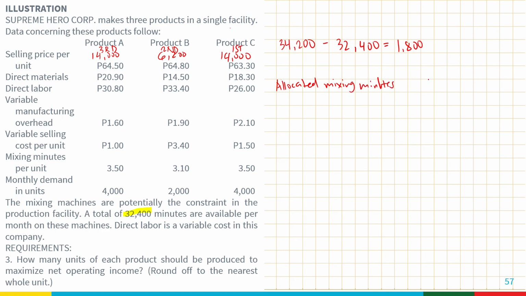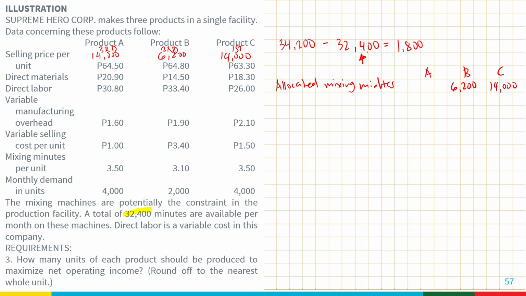Ayan, medyo maba na. A, B, and C. Allocate tayo ng 14,000 kay C kasi siya yung first priority natin. No? So, enough pa ba yung 6,200 kay B dito sa ating 32,400 na available? Siguro naman enough pa yan. So, lagyan na natin ang 6,200 total sa kanya.